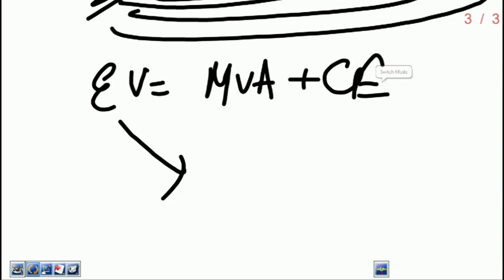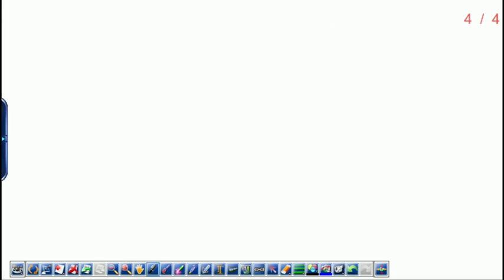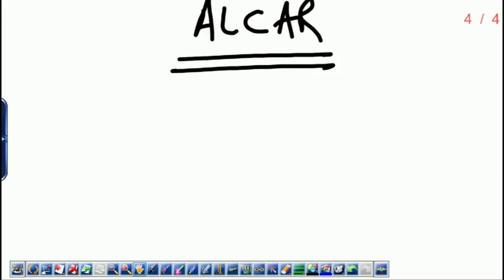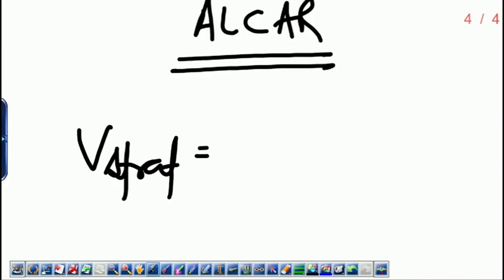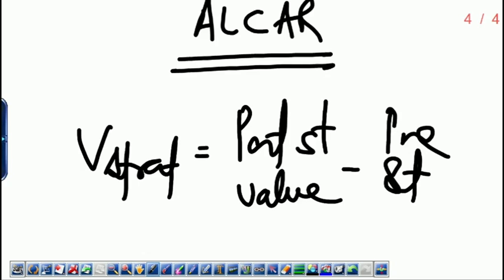Next, let me now revise for you what we used to do in the sums on the Alcar model. In the Alcar model sum, we have to find out the value of strategy, which is post-strategy value minus pre-strategy value.